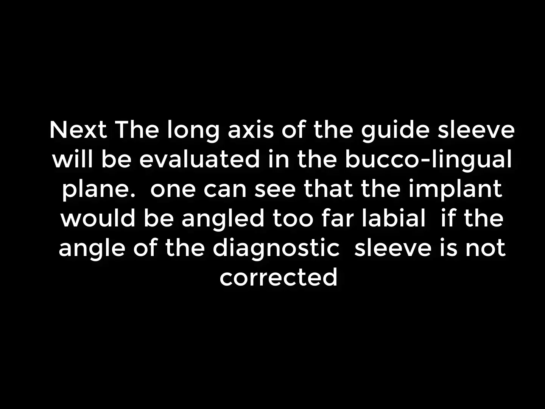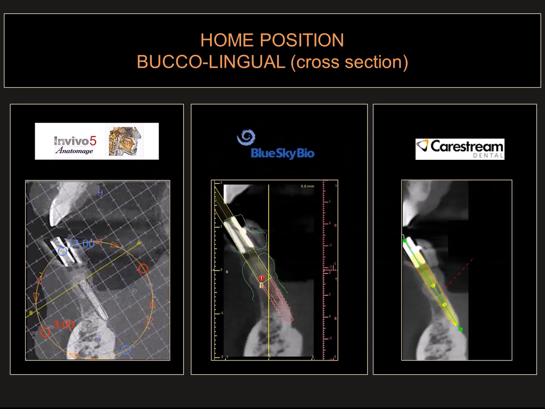Next, the long axis of the guide sleeve will be evaluated in the buccal-lingual plane. One can see that the implant would be angled too far labial if the angle of the diagnostic guide sleeve is not changed.